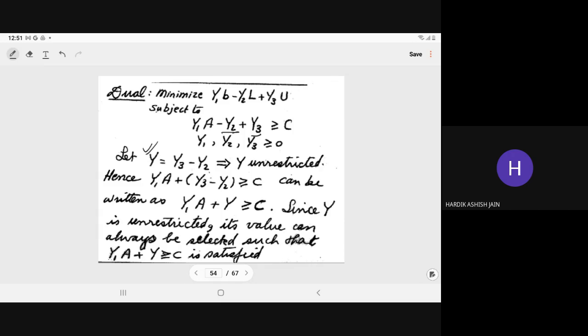Since y is unrestricted in sign, its value can always be selected such that y1a plus ya greater than or equal to c is satisfied. This means it is always feasible. Feasibility will never be disturbed.